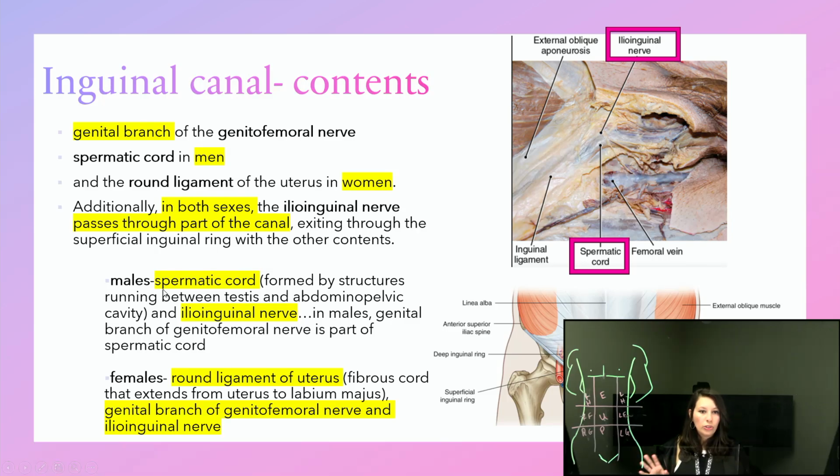In males, just to recap, the spermatic cord is formed by the structures between the testes and the abdominopelvic cavity. When we get into the pelvic area, you're going to learn more about the spermatic cord. In females, the round ligament of the uterus is a fibrous cord extending from the uterus to the labium majus. And you're going to notice the genital branch of the genitofemoral nerve and the ilioinguinal nerve.